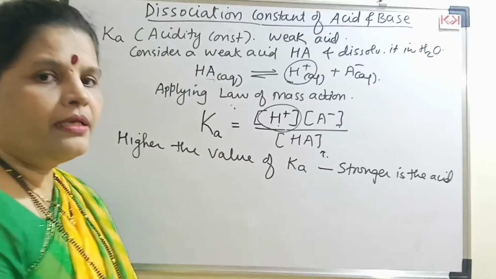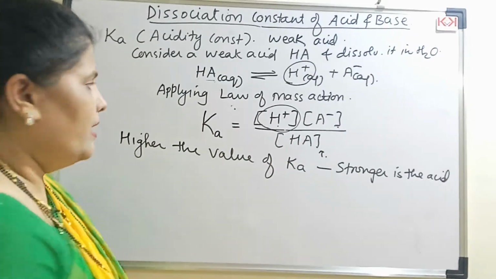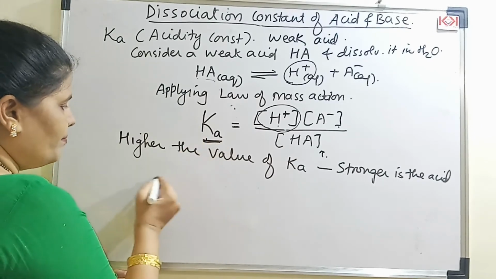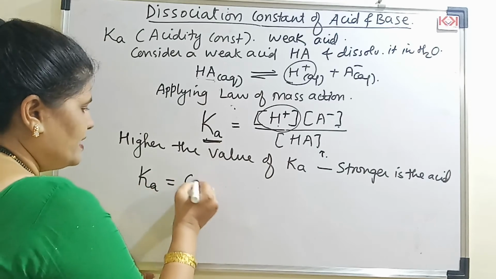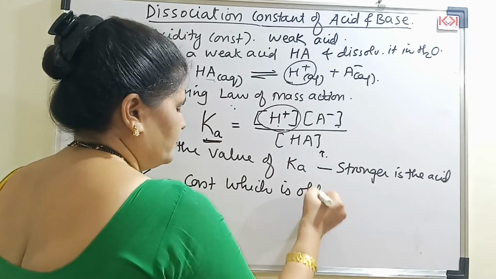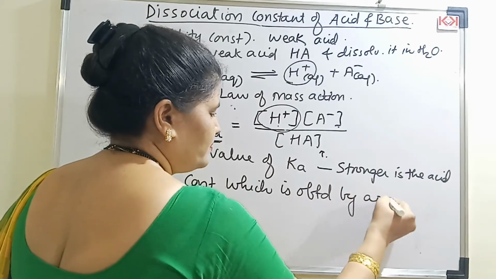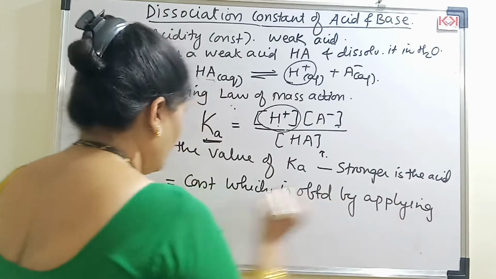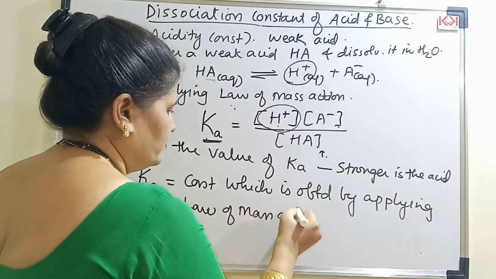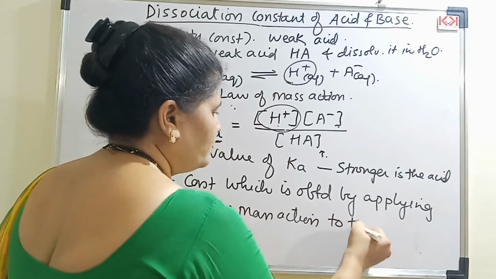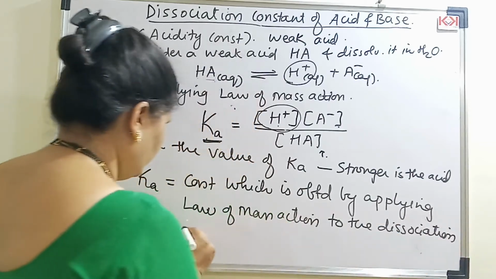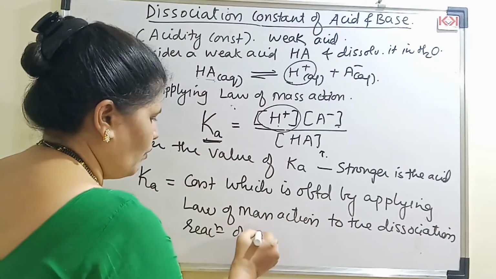Now let us create the definition of acidity constant. How can I define acidity constant? It is an equilibrium constant, a constant which is obtained by applying the law of mass action to the dissociation reaction of an acid.